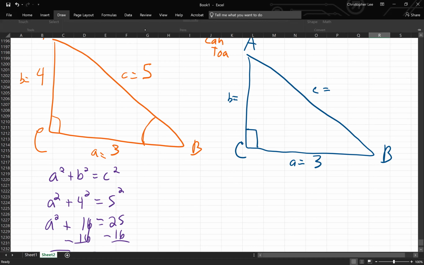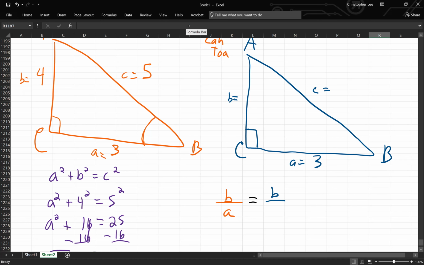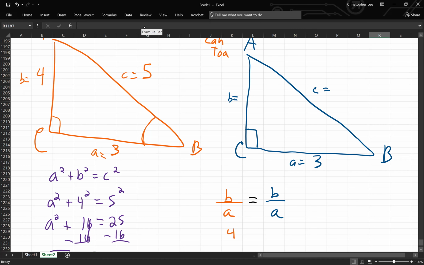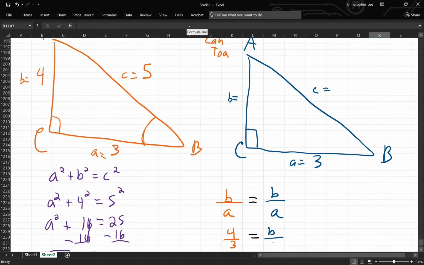I'm going to do orange B over A is equal to blue B over A. Just plug in the numbers, all right? So what is this going to be? 4/3 is equal to B over 3. All right? Did I get that right? Yeah.